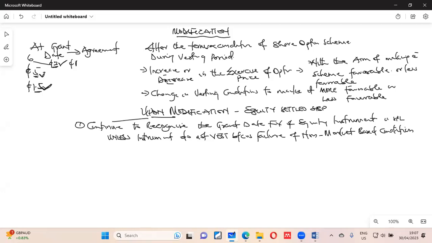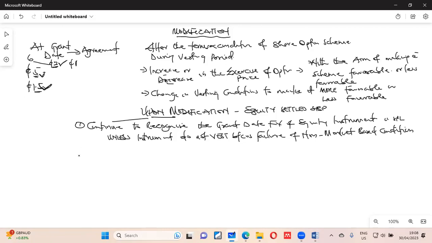So please don't make the mistake of using the service condition as a performance condition, a non-market based condition. So you go ahead and do what you do as usual. You take the number of employees, multiply by the number of options, by the fair value, then you amortize the fair value over the number of periods to vest. All right. So that is what you do.